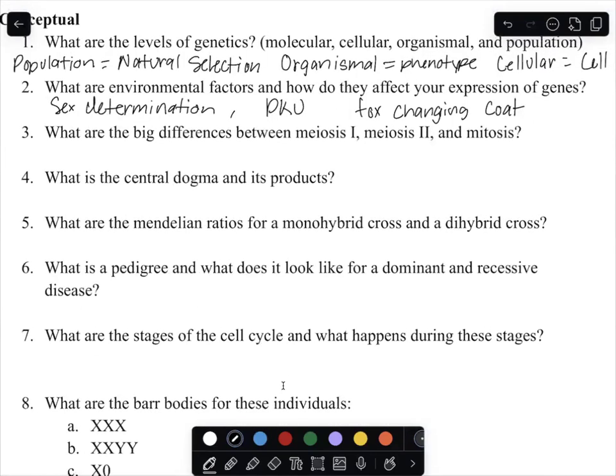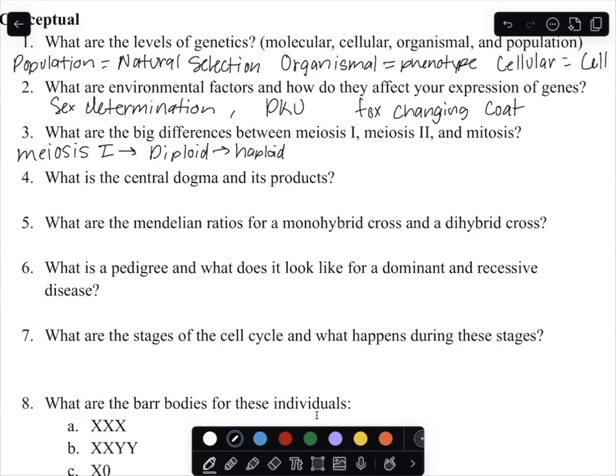Okay, what are the biggest differences between meiosis one, meiosis two, and mitosis? So, meiosis one, you're going from diploid to haploid. Okay, and meiosis two and mitosis.